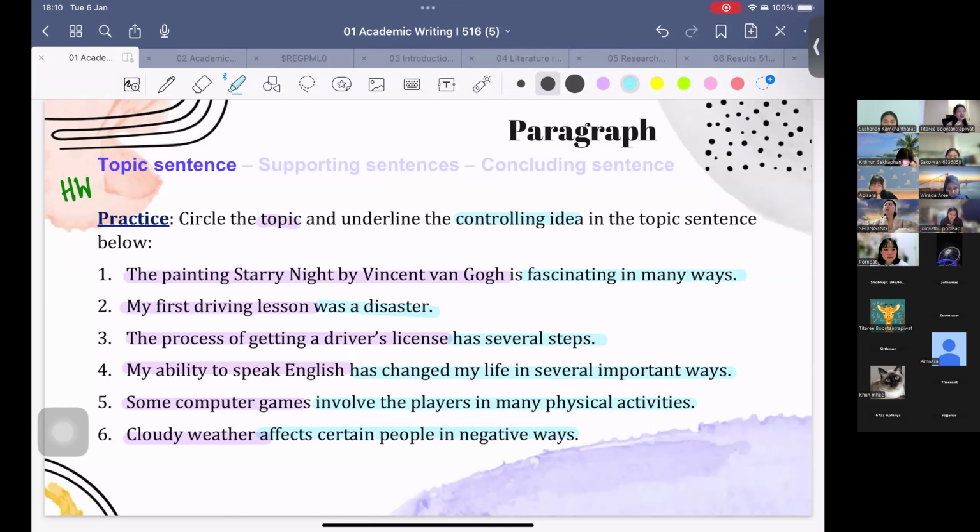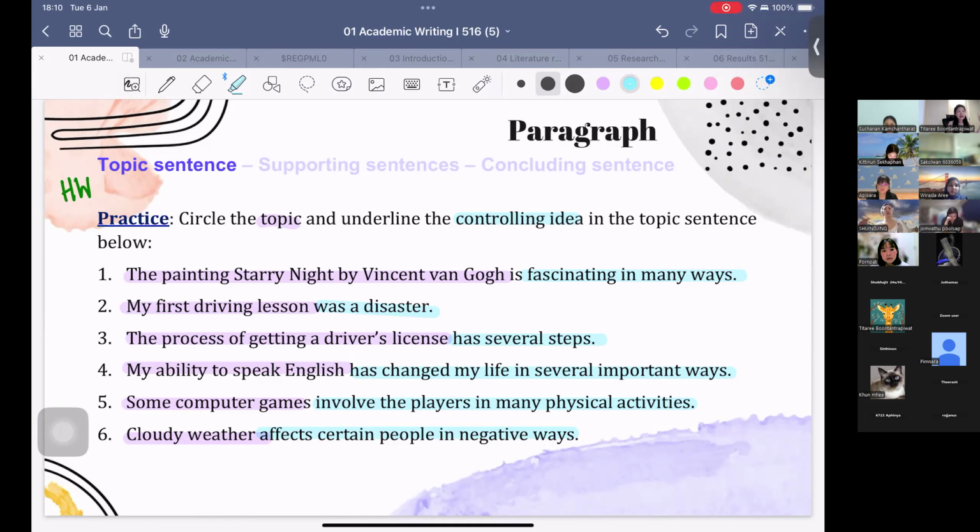You can follow this method of starting with the topic and following with the controlling idea, or another method would be to start with the controlling idea and follow with the topic. That is okay as well. But I think many people find it easier to write a topic sentence by starting with the topic and following with the controlling idea. It's just clear and simple and easy to compose a topic sentence.